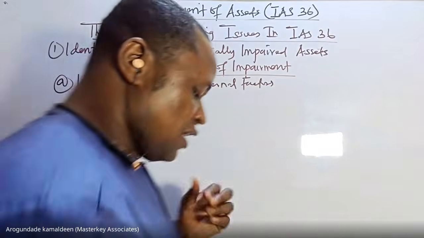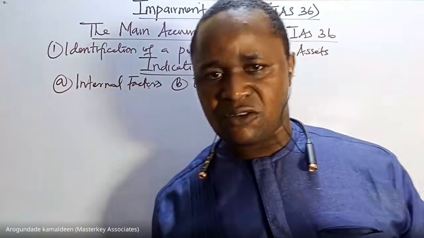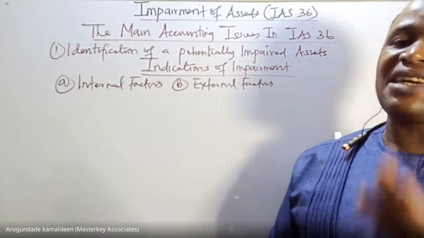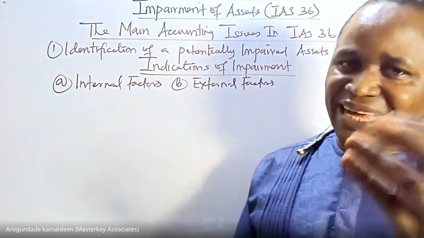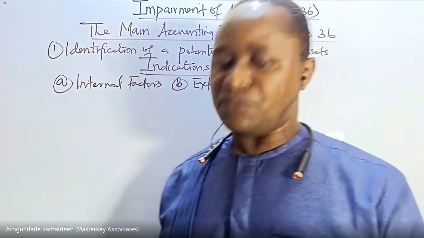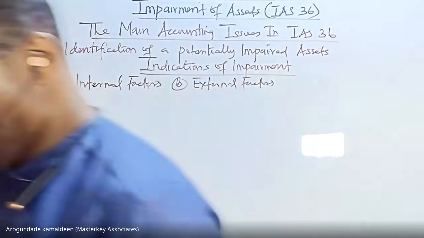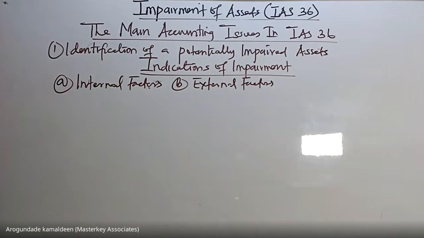Number one, physical damage to the asset. When your asset is physically damaged, you know that a damaged asset cannot realize the value anymore. Two, adverse changes to the method of use of the asset.